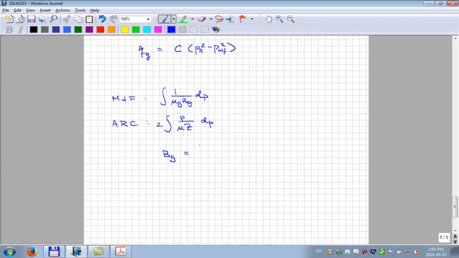Well, BG is standard, like that, so that you can rewrite that as the integral of 1 over BG. You've got P over Z, and then you've got TSC over TR PSC.